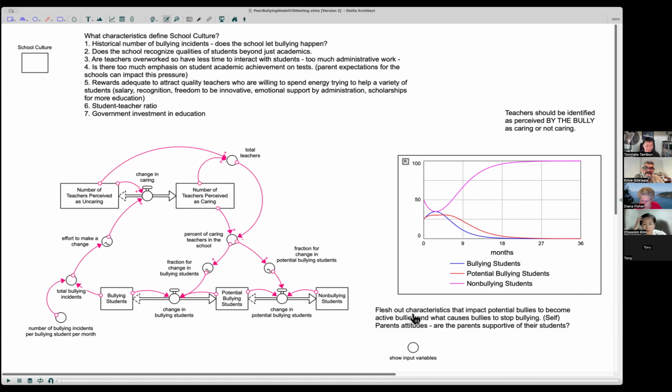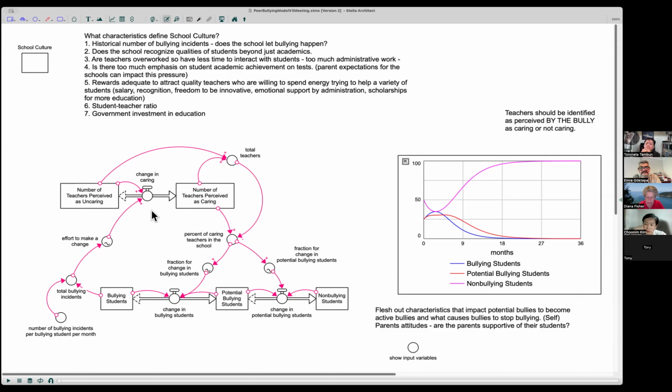And then you could add some home situations down here that affect students and perhaps make them bullies, and play with all of that. But I don't think we would want to make it any bigger than that, because it's going to be too complicated to get realism from our model if we don't test it in pieces.